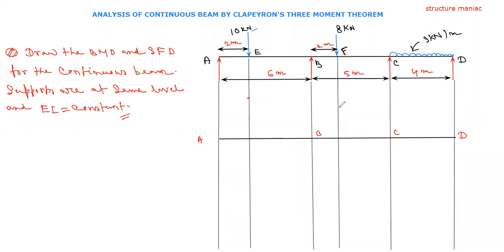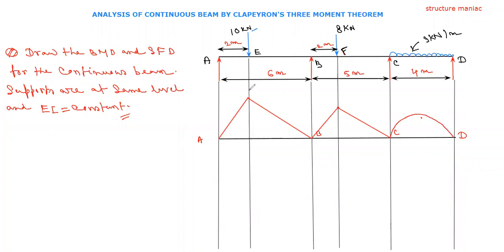We got the values 9.6 and 6. Now just join them. Yes, this is the free bending moment diagram, right? We already drew it.